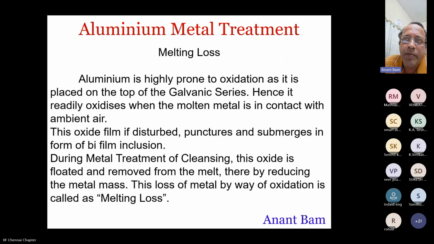But we have to bail out the metal, scoop it out by using our ladles. During every scoop out, we are compelled to disturb that oxide film and fresh metal comes in contact with the atmosphere. That's why a new layer of oxidation is formed. That leads to melting loss.